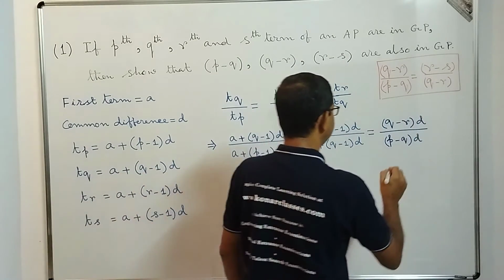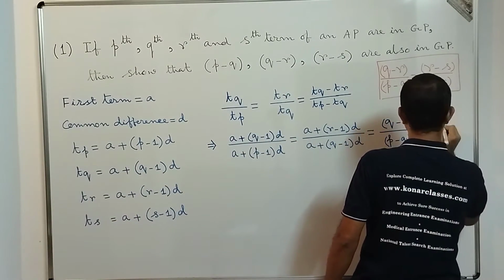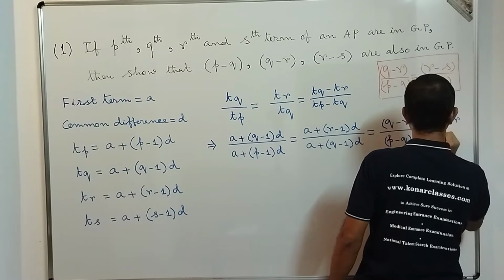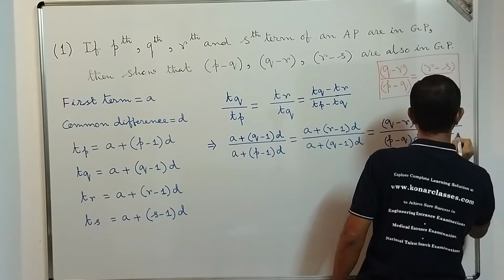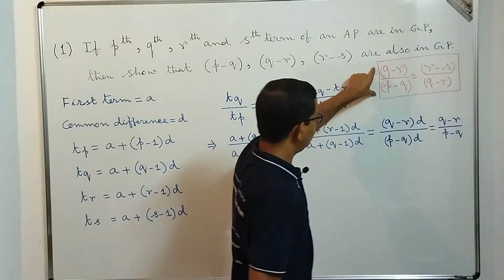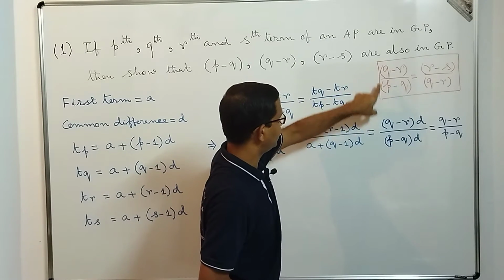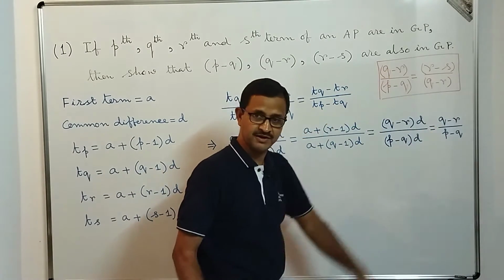So as D is not equal to 0, we can write this is equal to Q minus R divided by P minus Q. You see that we are approaching towards it. We got it, Q minus R by P minus Q.